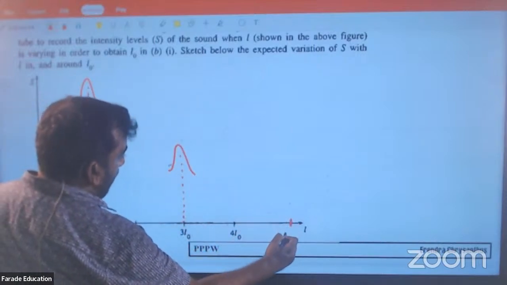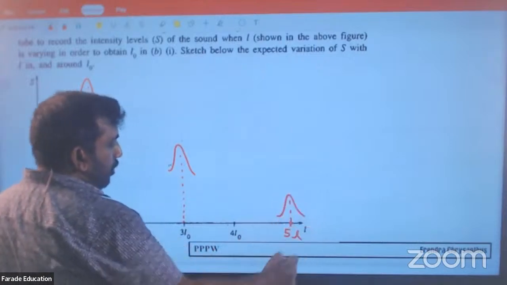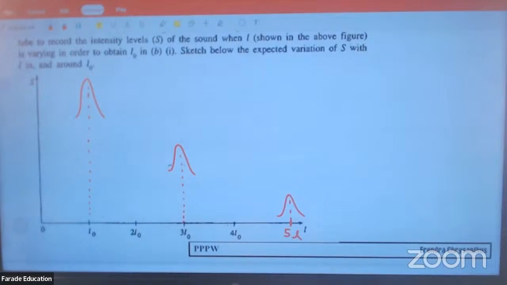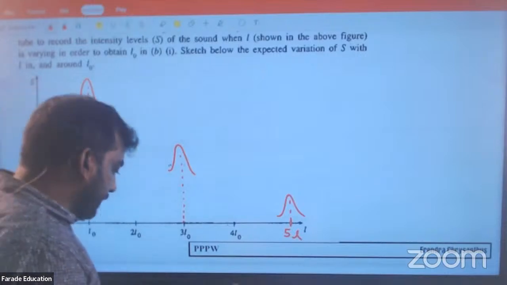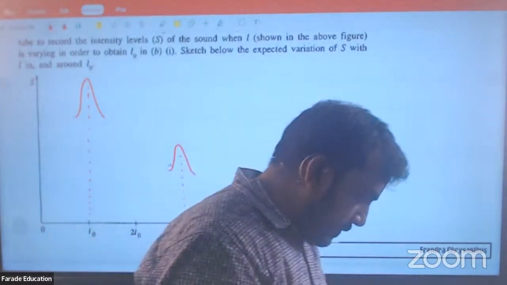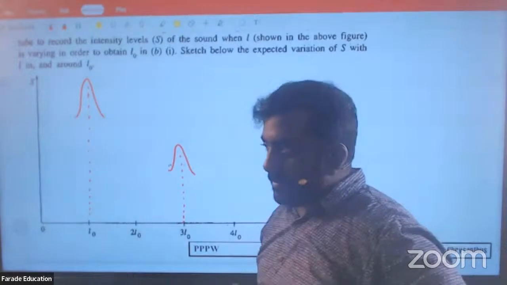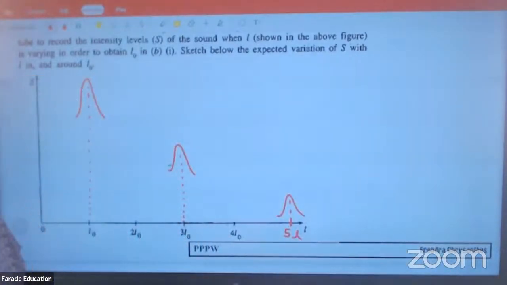Then 5L naught means the intensity is even smaller. There you go. There are odd harmonic numbers which occur.